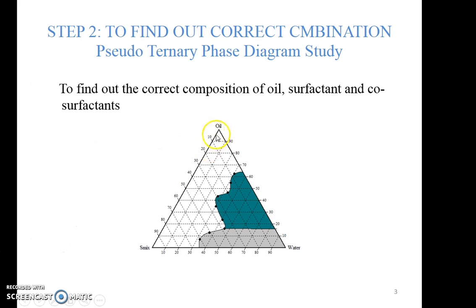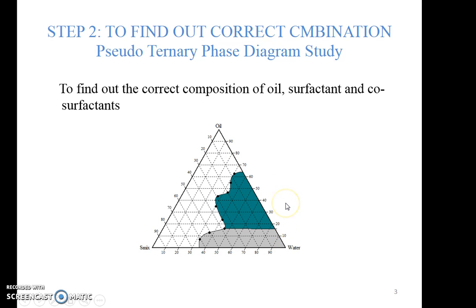Here you can see this is a ternary phase diagram, a triangular shape diagram. So here you can see this is oil, this is S-mix and this is water. S-mix is nothing but the mixture of surfactant and co-surfactant. So here the 100% concentration is there for S-mix. It shows the 100% concentration of oil and it shows the 100% concentration of water.